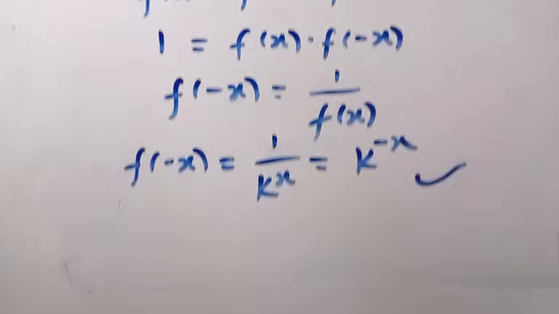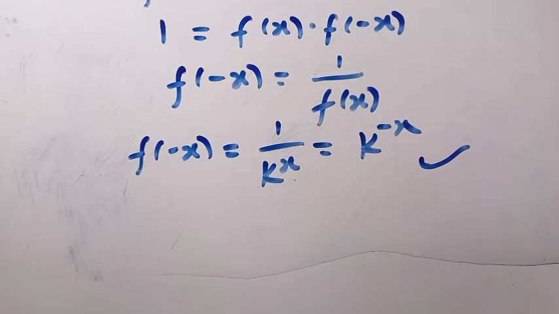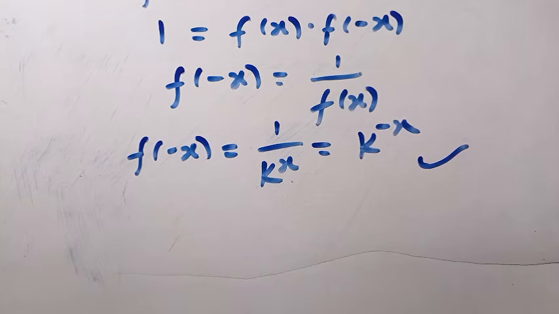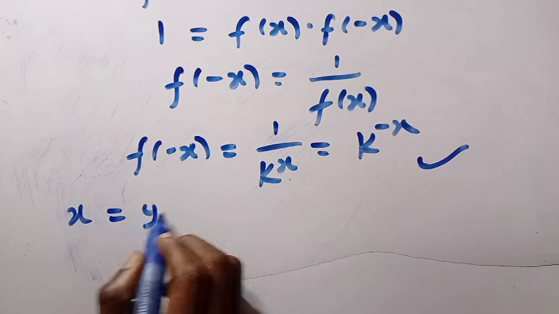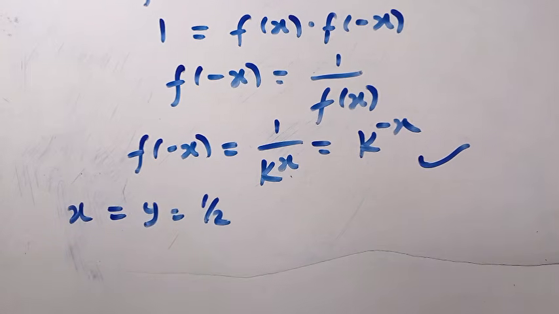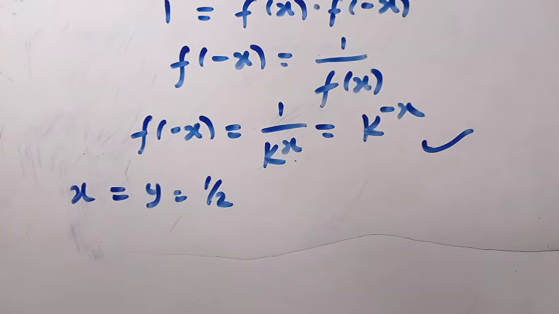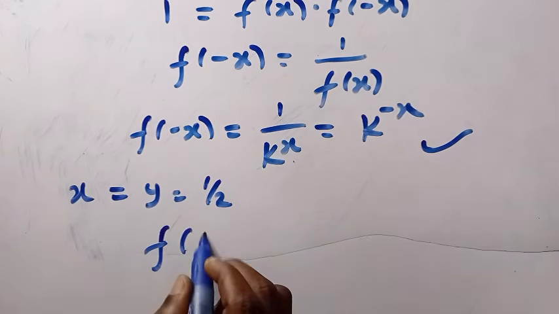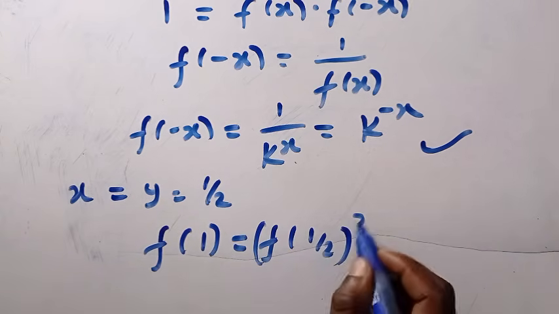And let's say again, we want to check for any form of rational, like p over q or a over b, if b is not equal to 0 or if q is not equal to 0. So what we do is, suppose I let both x and y equal to half. If both are equal, from f of x plus y, we have f of 1 equals f of 1 over 2, all raised to power of 2.